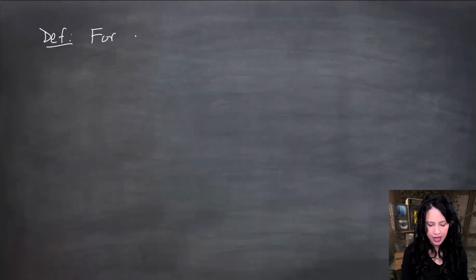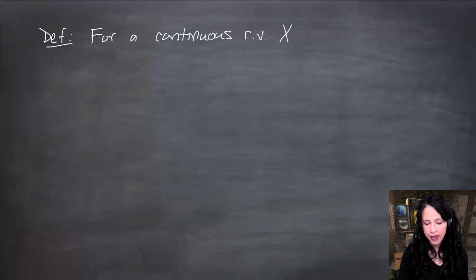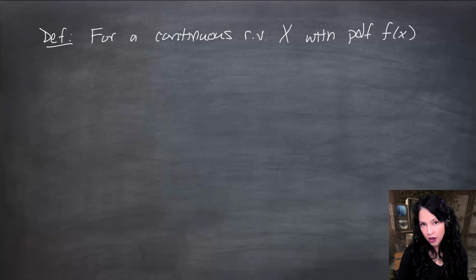For a continuous random variable X, with probability density function f of x, this now does not represent the probability that X equals a particular x because that's always 0 for continuous random variables. Instead, it's a curve under which area represents probability.